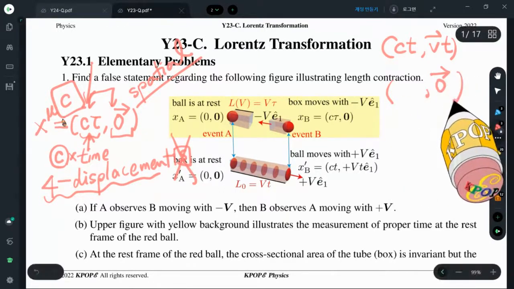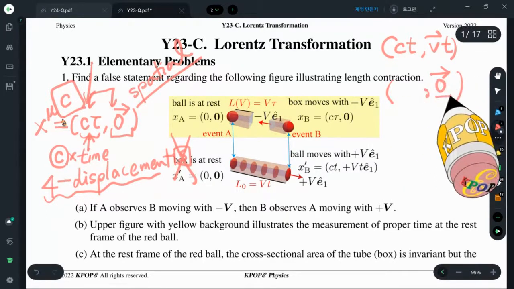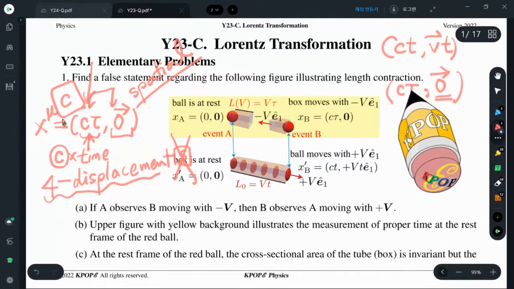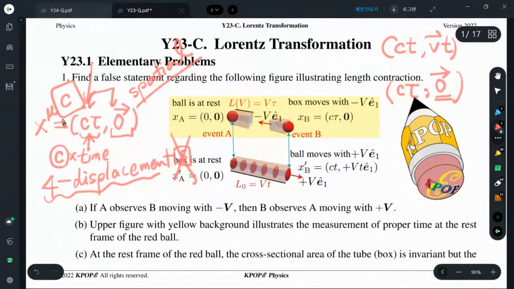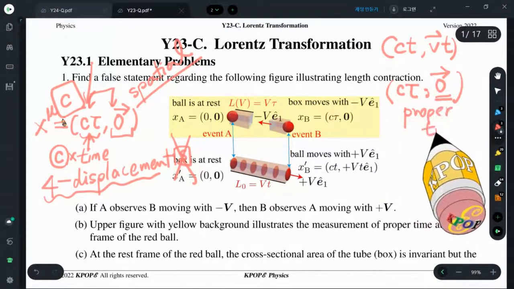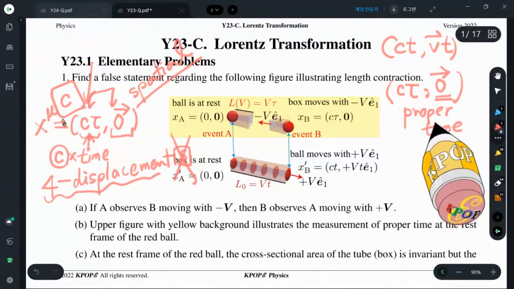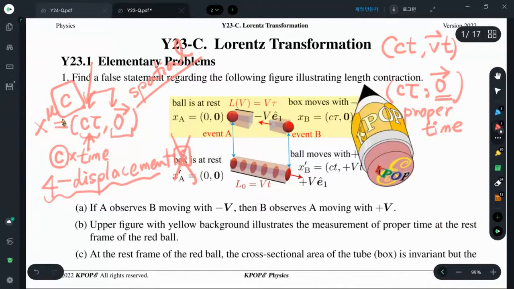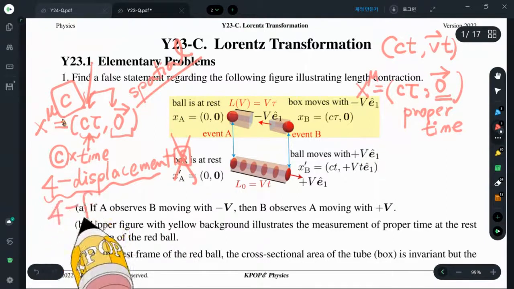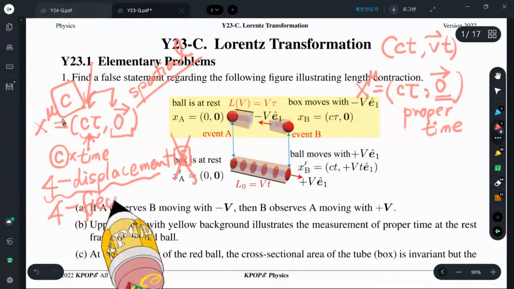What I do is keep this spatial component at 0 and put special notation for proper time. The reason is that x mu, which is in general a 4-vector.